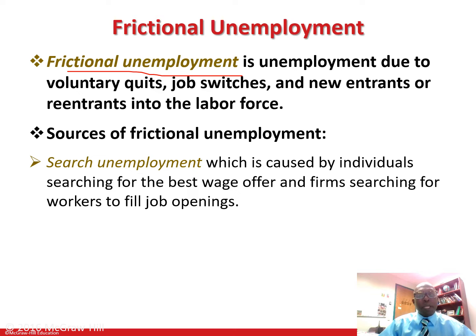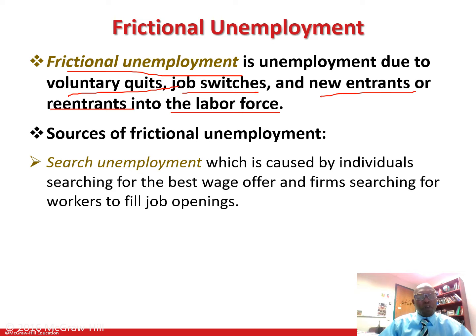Frictional unemployment is unemployment due to voluntary quits, people who switch jobs, people who are moving between jobs, and new entrants, such as college graduates entering the job market for the first time, and re-entrants into the labor market, such as stay-home parents or retirees who come back to the labor market.